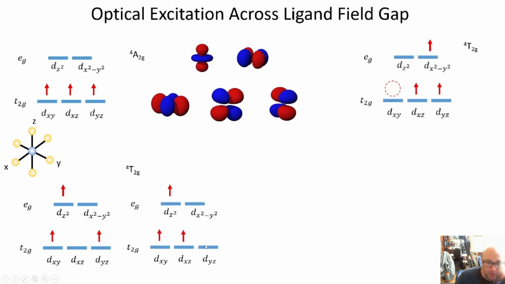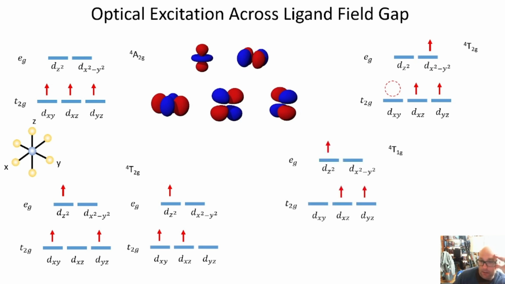And the same would be true if I chose to do it from the yz. Again, I would not want to go to x squared minus y squared. I would rather go to dz squared. So those are all 3 of the configurations associated with quartet T2G states.